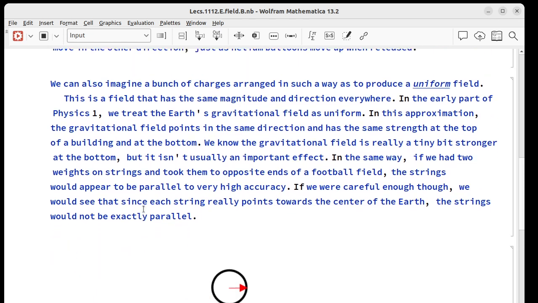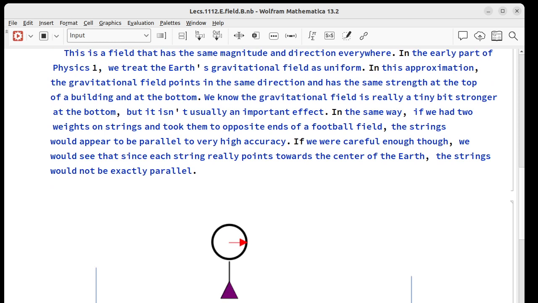We can imagine putting a bunch of charges together in such a way as to produce a uniform field. This would have the same magnitude and direction everywhere. That's what we treated Earth's field as. So, in this approximation, you could imagine this is our ground. It's perfectly flat. We have two what are called plumb lines, where basically you just hang a weight from a string and look at which way it points.